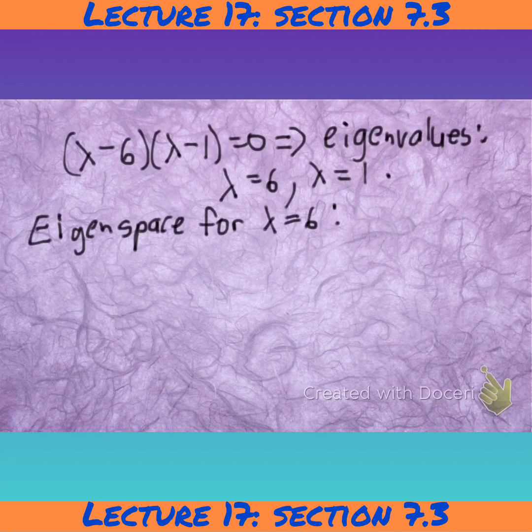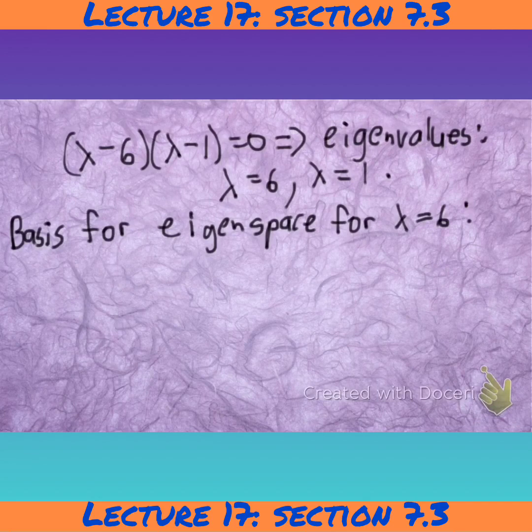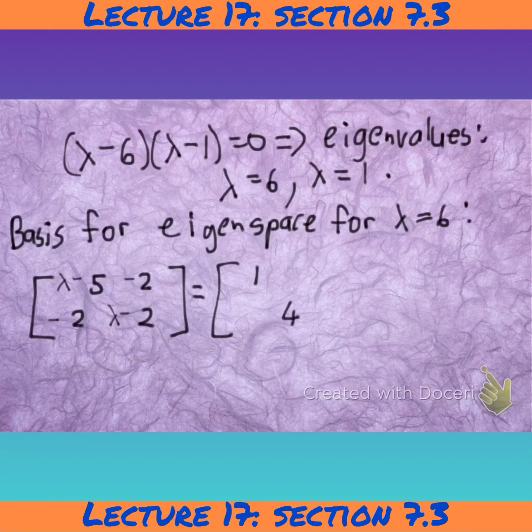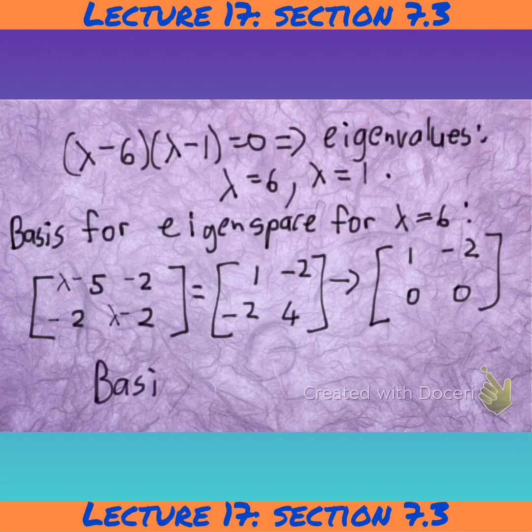So the basis for the eigenspace for lambda equals 6: you determine that by setting lambda equals 6, so it's 1, 4, minus 2, and then you reduce that to find the null space, and you get 1, minus 2, 0, 0.